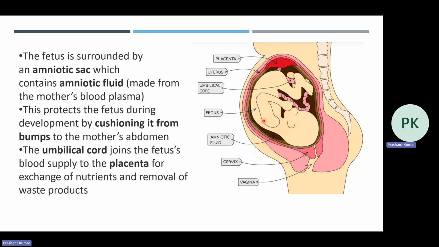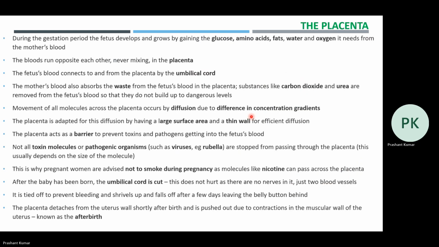This protects the fetus from physical harm to the mother, like a bump to the mother's abdomen. You can see the umbilical cord here, which joins the fetus's blood supply to the placenta for efficient exchange of toxins and nutrients.